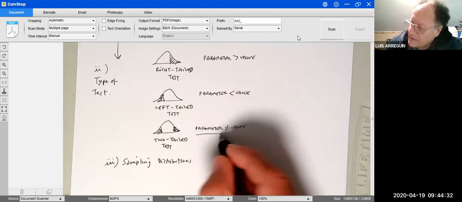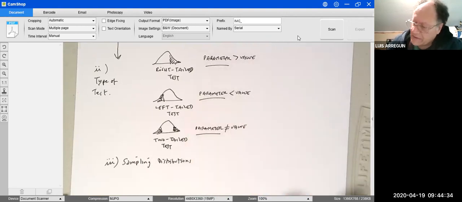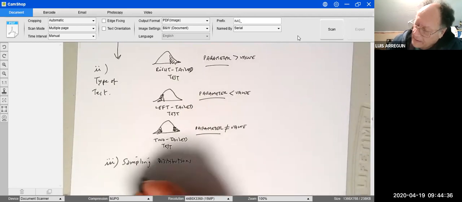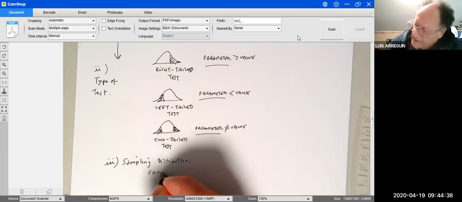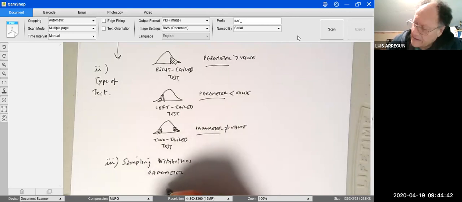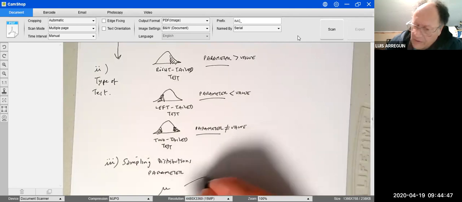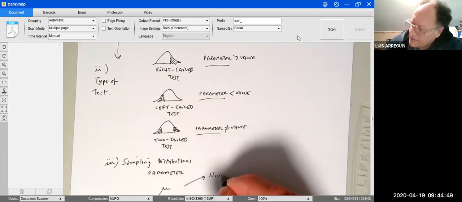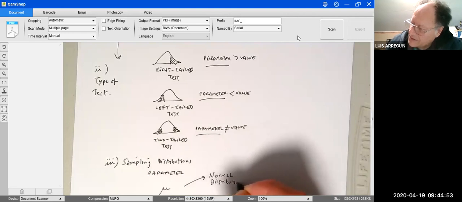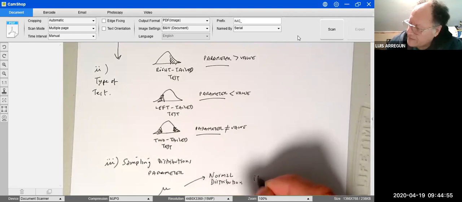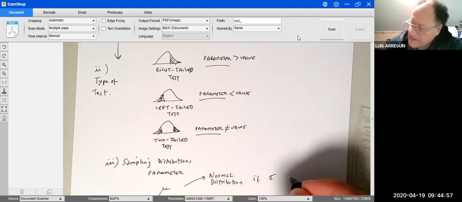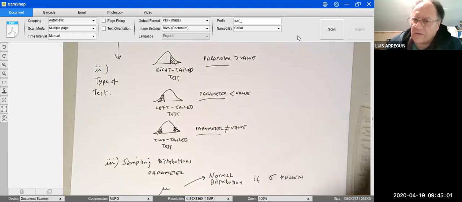So, for example, if our parameter, the one that we are testing, is the mean, then we're going to use the normal distribution if, and this is important, the standard deviation of the population is known.